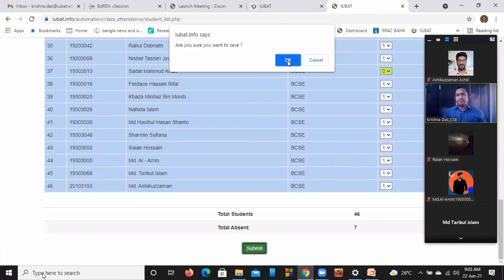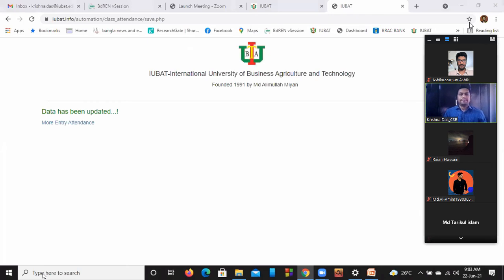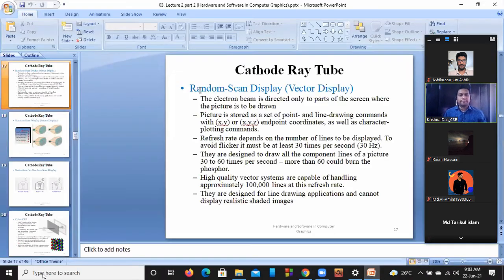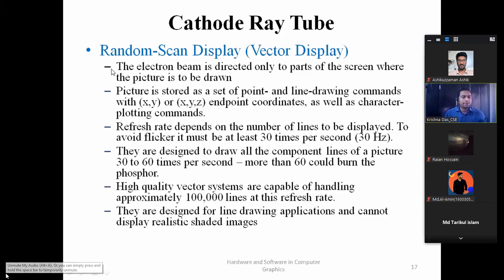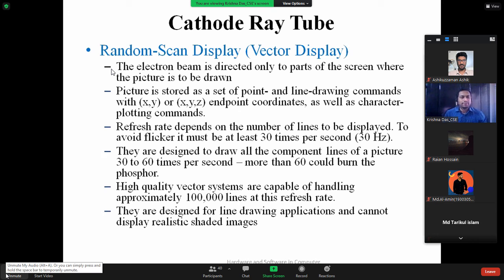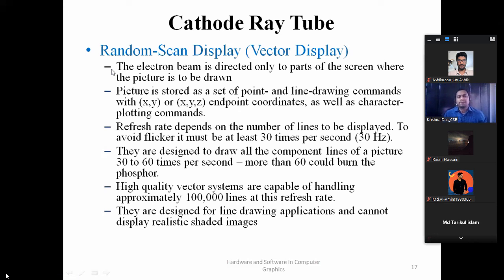Let us start with the random scan display. We said the vector scan display. Can you remember what was the specialty of vector graphics when we were comparing this classification? Ashik? Sir, vector graphics uses mathematical forms to draw lines and shapes, which are then interpreted by the viewer to produce the graphics.